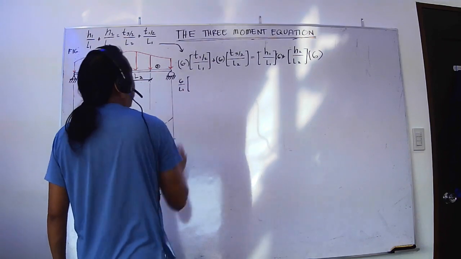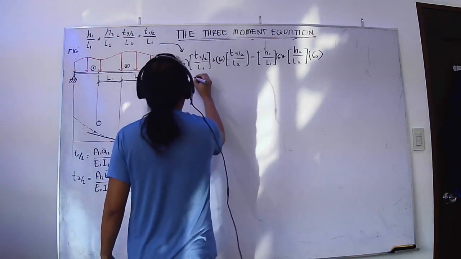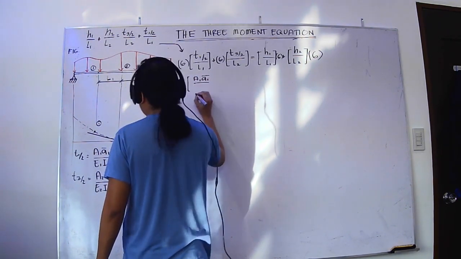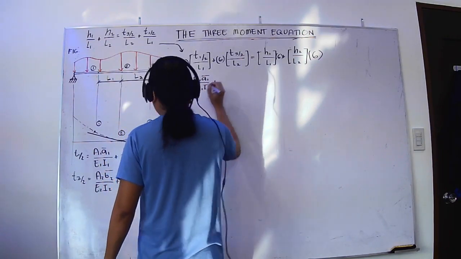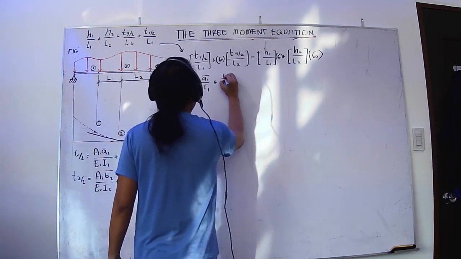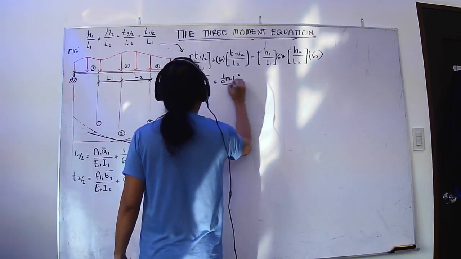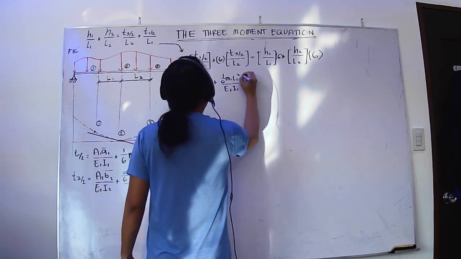I'll just have the T1 term, which is all of these things here: A1 bar divided by E1 I1 plus 1/6 M1 L1 squared divided by E1 I1, okay?